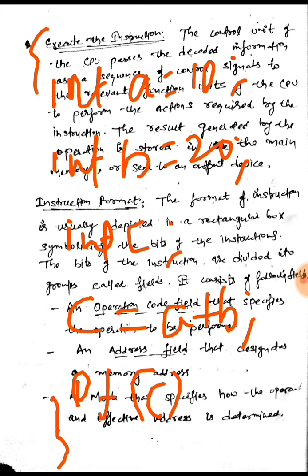So this is a basic program in C to add two integers, a is assigned 10, b is assigned 20, and then I add them. This program which we have written in C language will be converted into the machine language.